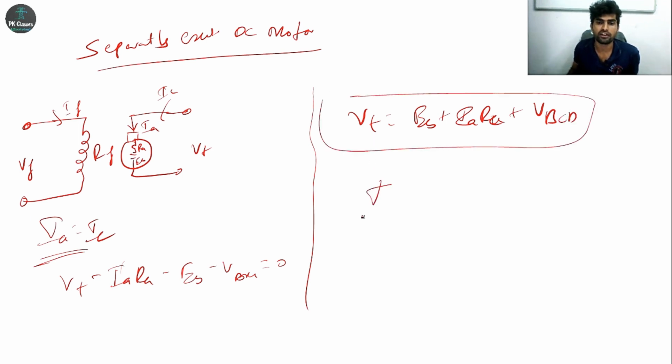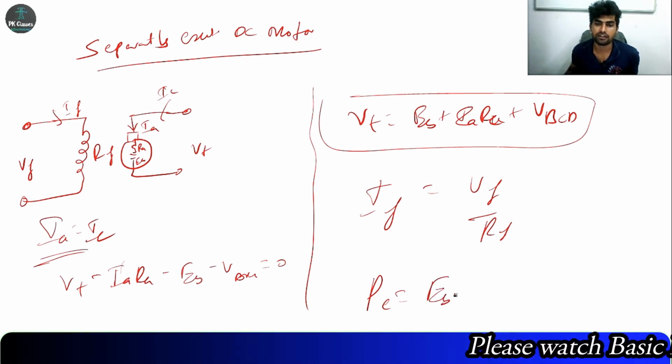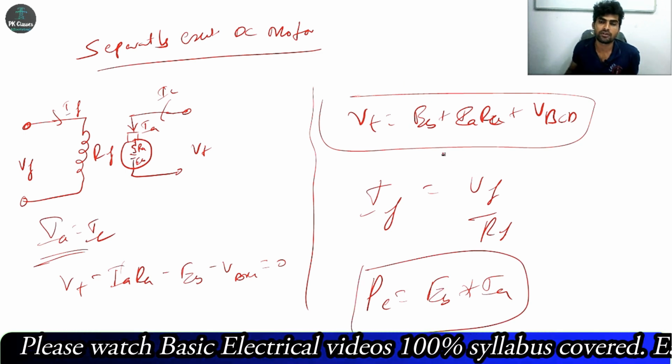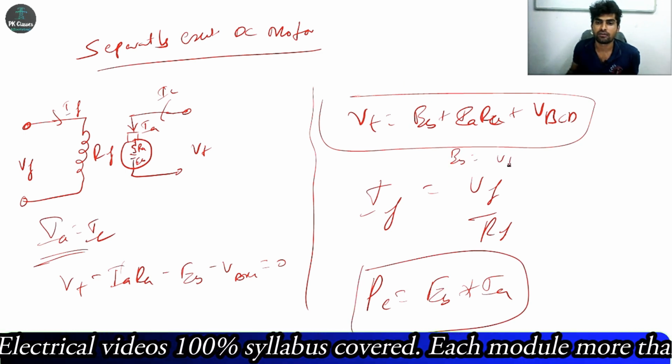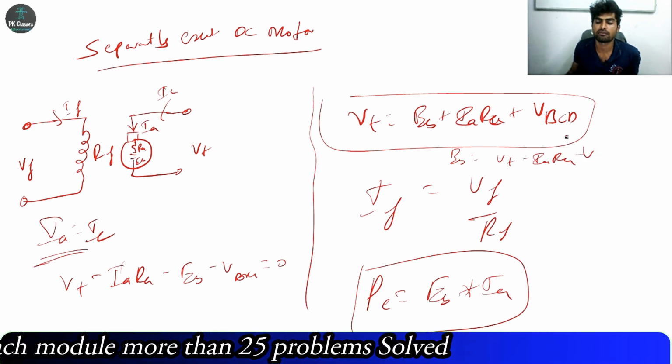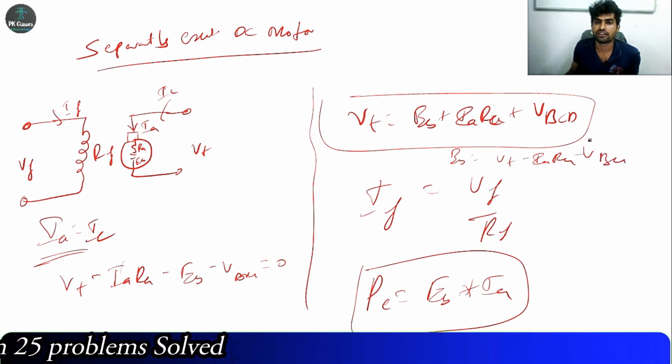What about IF? IF is equal to, by Ohm's law, VF by RF. What about electrical power? That is EB into IA. You can take EB from this equation. EB is equal to VT minus IA RA minus VBCD.